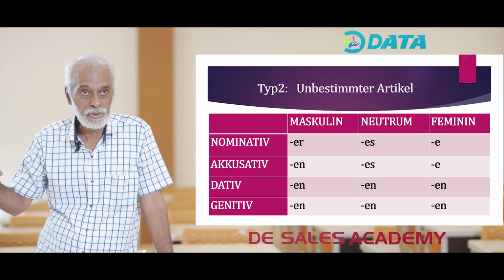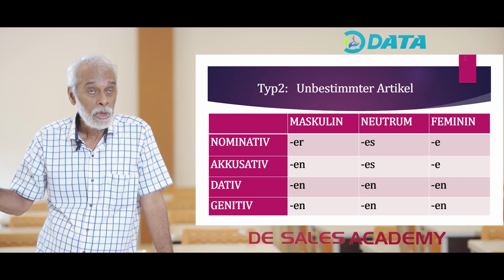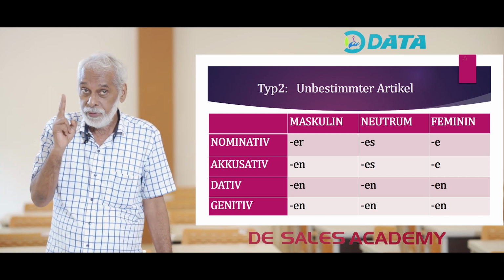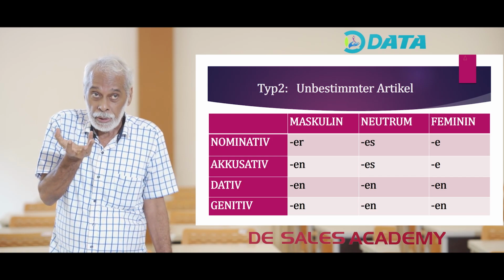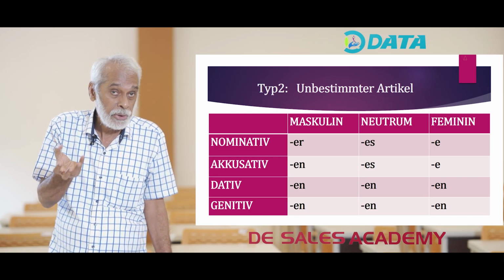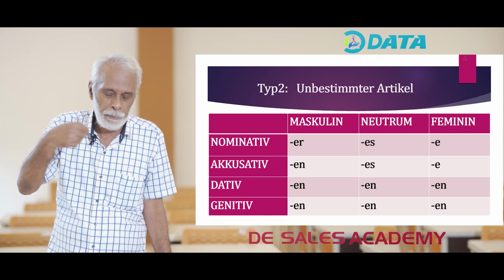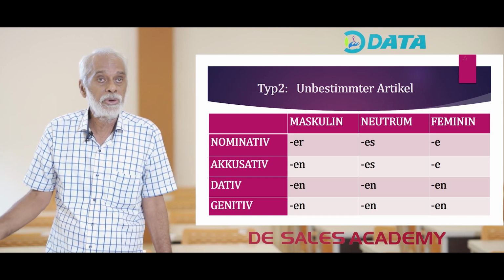In all other cases it is en. So for the first 2 types, in genitive and dative cases, you can close your eyes and happily write en as an adjective declination.